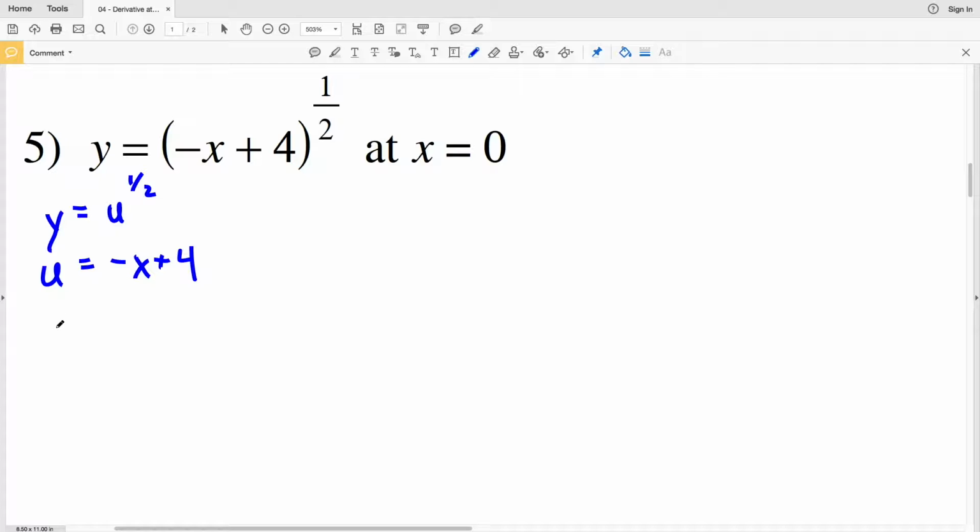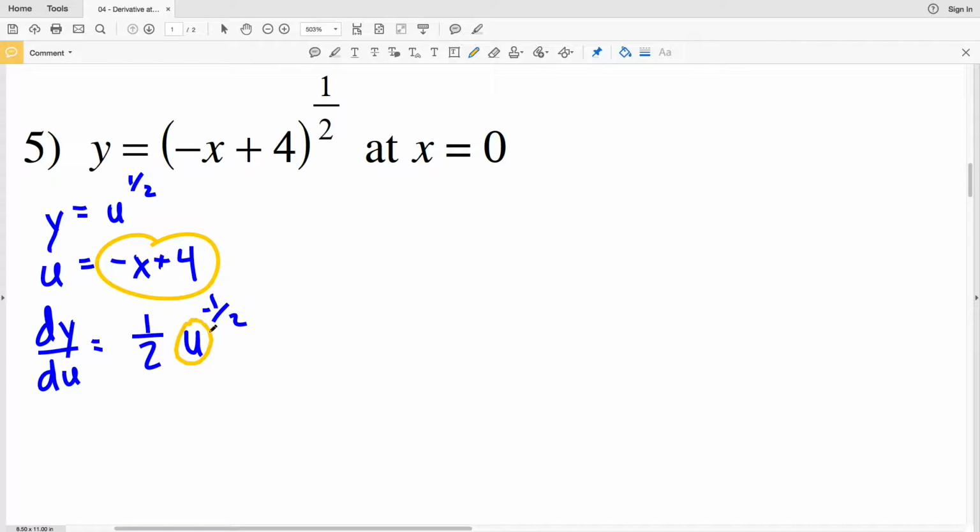So utilizing the chain rule, we're going to find the derivative of y with respect to u, which is going to be 1/2 times u to the negative 1/2. That's 1/2 times u to the 1/2 minus 1, which is negative 1/2. But because we know that u is equal to negative x plus 4, we'll plug that in.